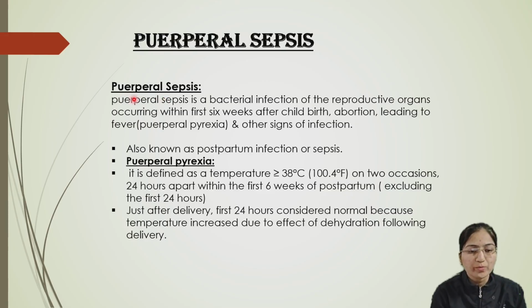Puerperal sepsis is a bacterial infection of the reproductive organs occurring within the first 6 weeks after childbirth or abortion, leading to fever, that is puerperal pyrexia, and other signs of infection.